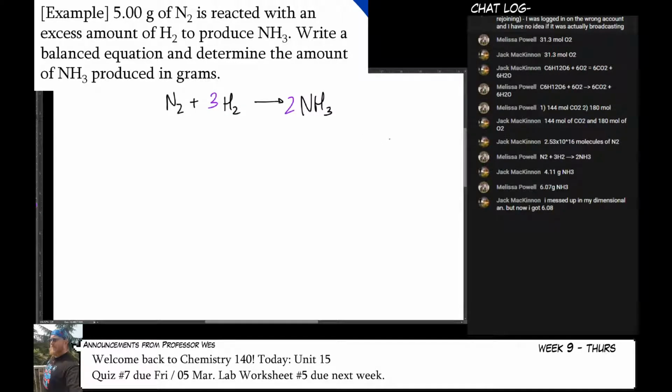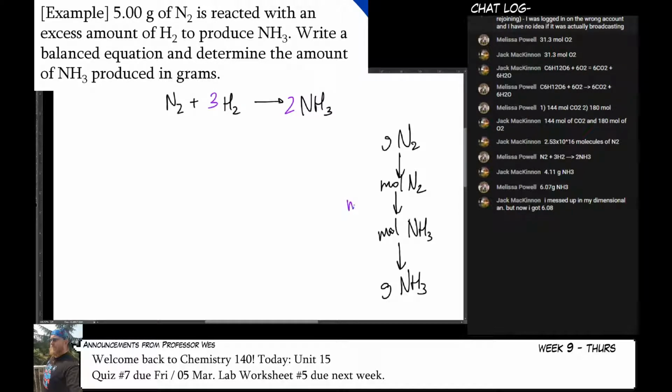And then we'll do the problem. So now I need to do grams of ammonia. Oops, sorry, not grams of ammonia. We're doing grams of N2. And our goal is to figure out how much ammonia we make. So we'll turn everything into moles, and then we'll turn those two things into each other.